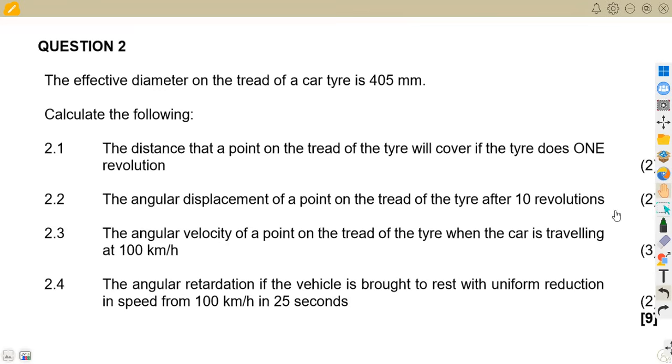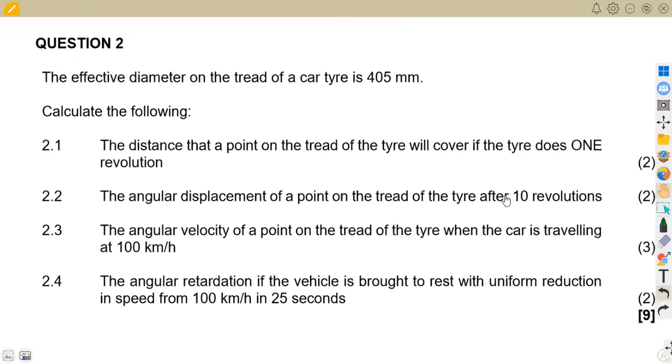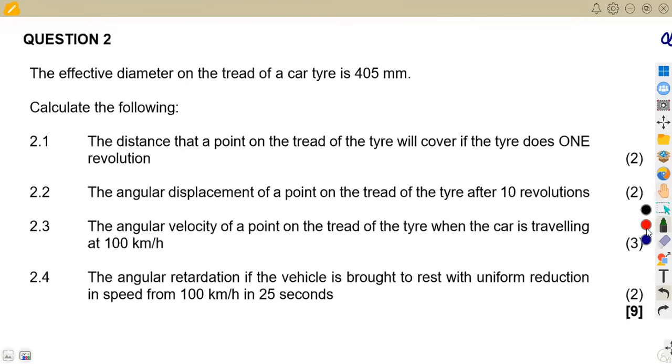So we are given the diameter in this case, of which we can change to meters. Just multiply milli, which means times 10 to the exponent of -3. So that is going to give us 0.405 in meters.